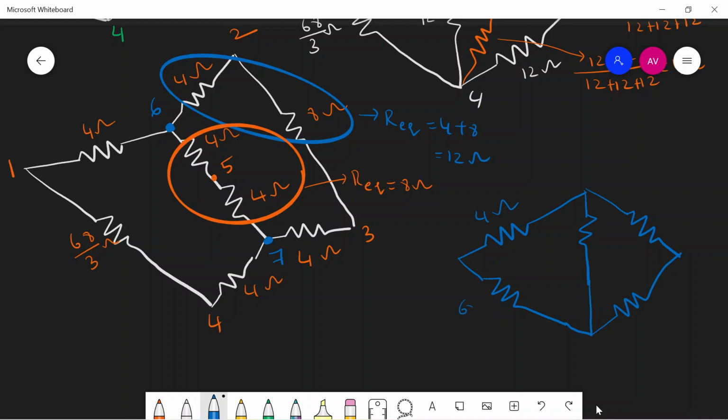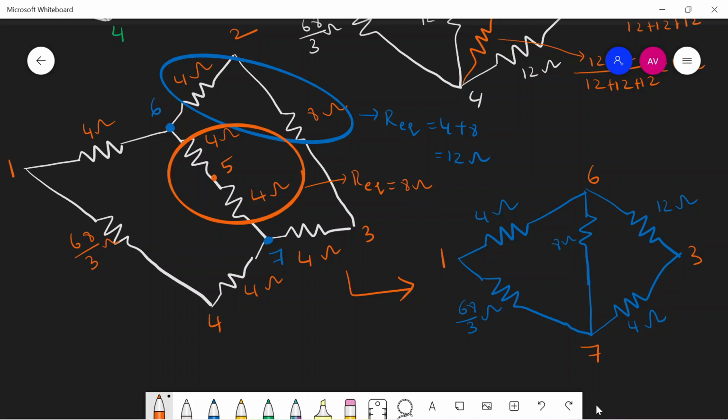Okay, this is 68 by 3 ohm, and this is 8 ohm, and this is 12 ohm, and this is 4 ohm. This is node 1, node 6, node 7, and node 3. So this figure has been simplified like this.